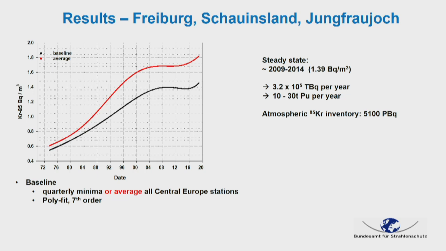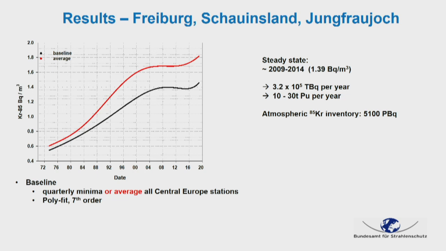We can see that there is a sort of steady state, or maybe even a bit of a decrease in the baseline between 2009 and 2014. The levels during that time were about 1.39 becquerels per cubic meter, so those are the baseline levels. And from that, assuming that it's a steady state, that means as much krypton-85 is released into the atmosphere as decays, as is present in the atmosphere.